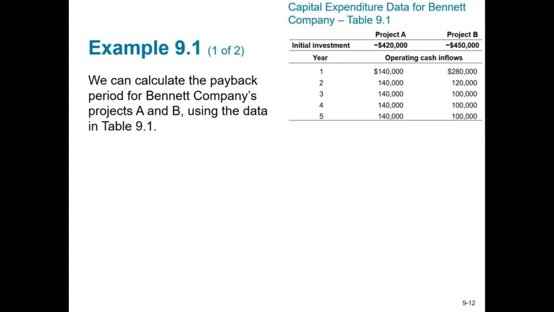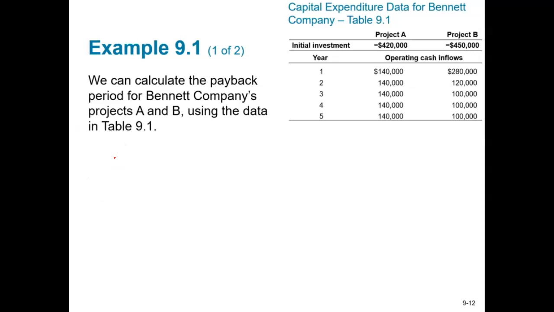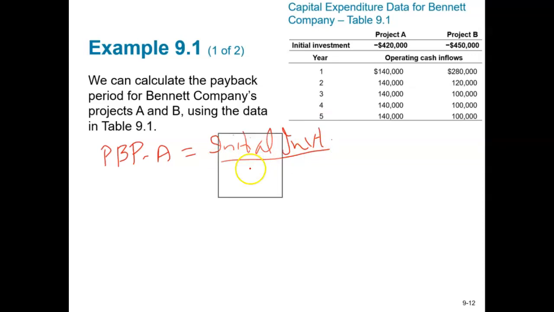The payback period is simply calculated using a formula. Payback period for project A is initial investment divided by constant annual cash flows.